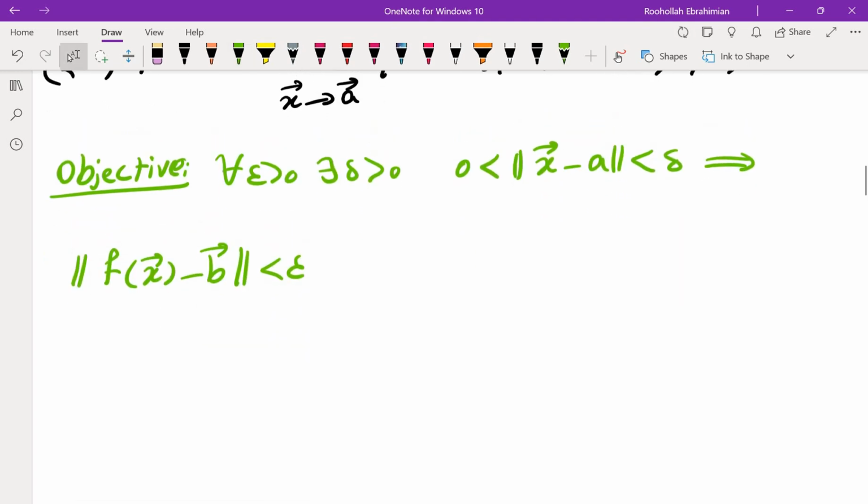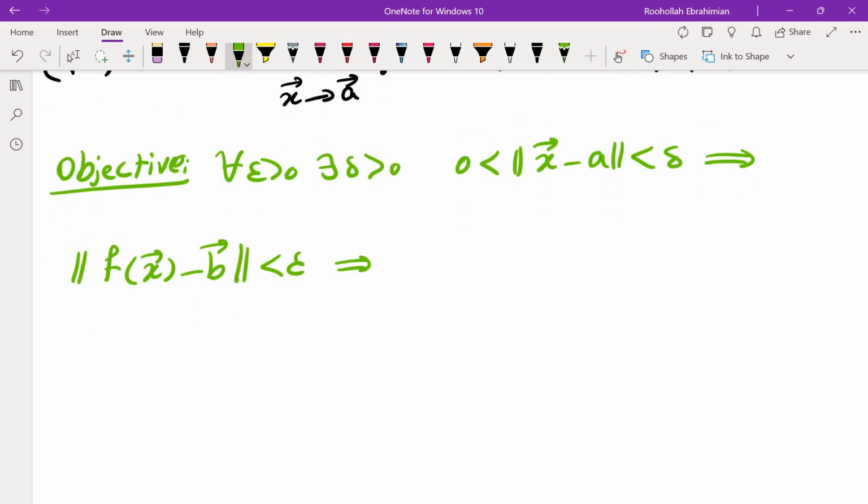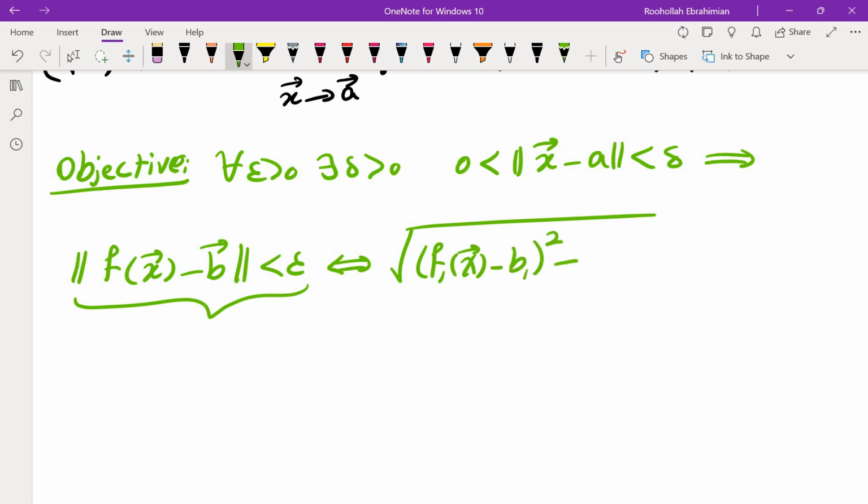So how do we show that? Well, again, let's see what that means. This means the square root of (f1 of x minus b1) squared all the way to (fm of x minus bm) squared is less than epsilon.